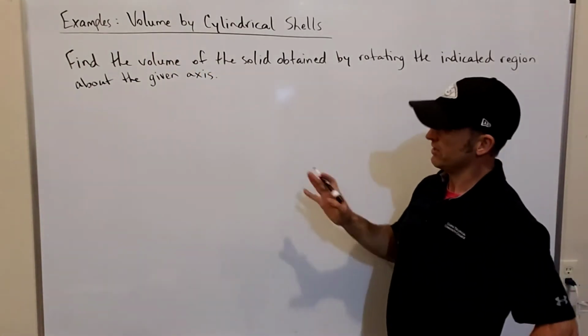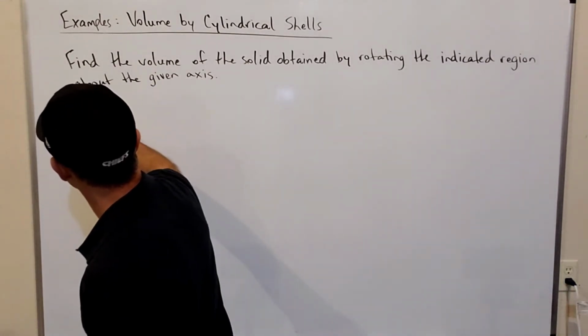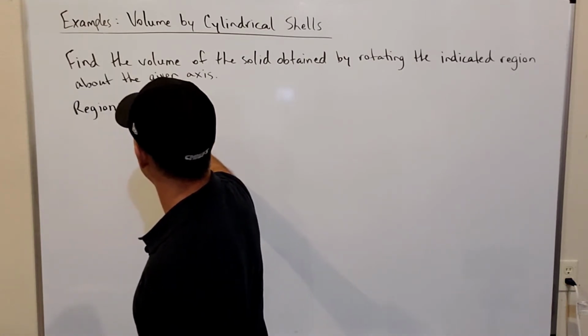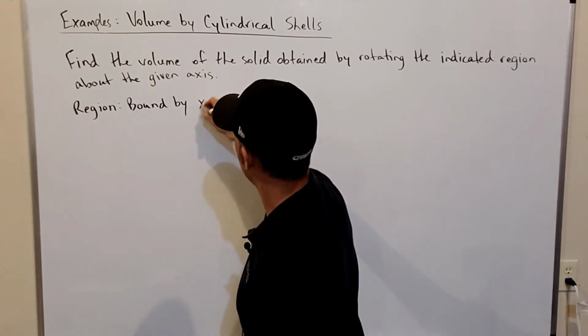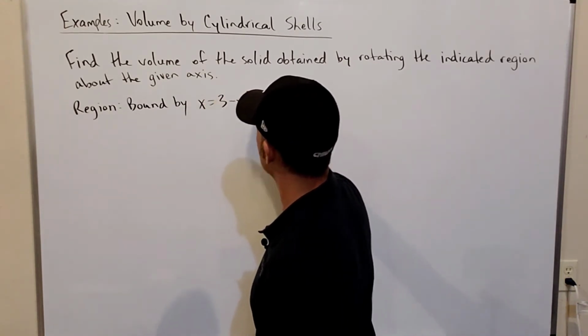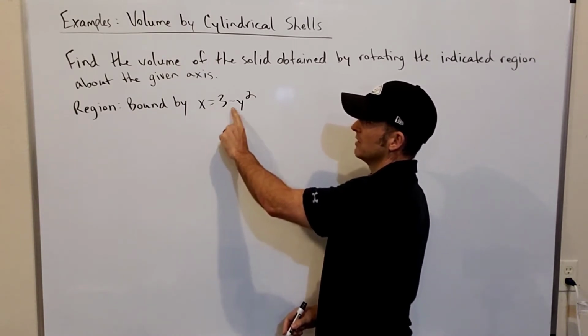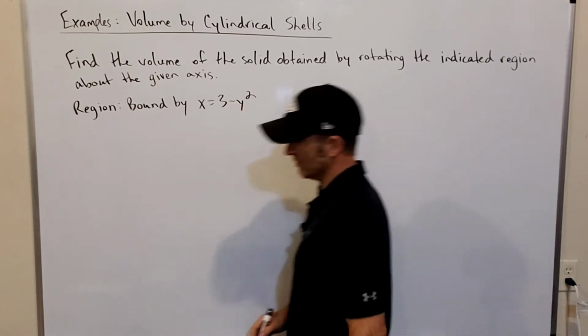And so this first example, let's say that the region is bound by the curve x equals 3 minus y squared. This is a horizontal parabola because y is squared, and it opens to the left because the y squared is negative.